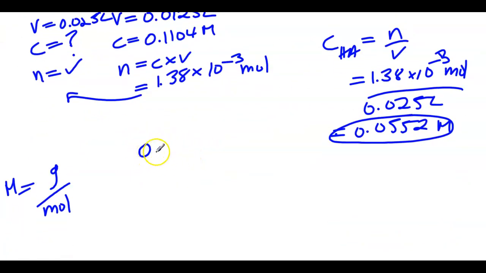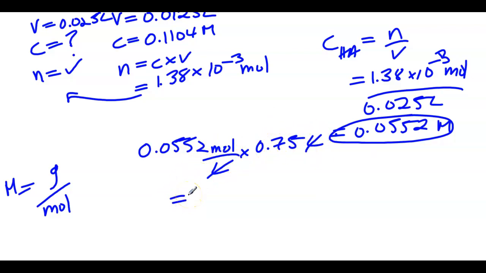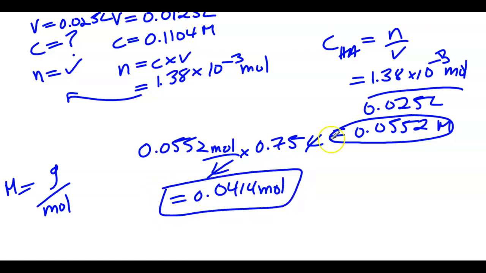Since we know the concentration, moles per liter, we can multiply that to determine how many moles was in there. So this ends up being 0.0414 moles. So we have the original moles.